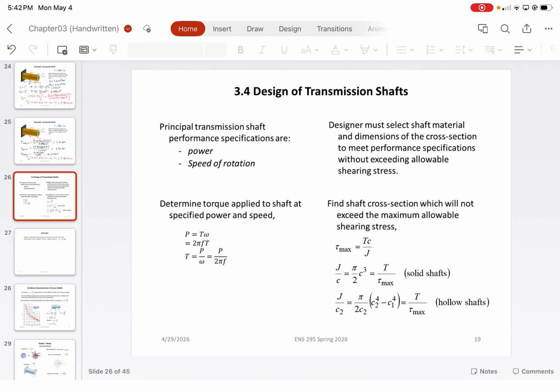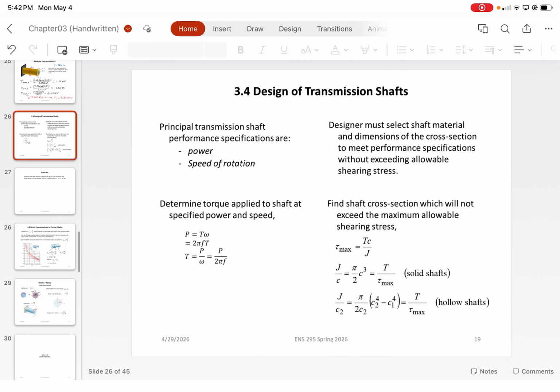Now, based on that, you as a designer would obviously be in charge of selecting material and dimensional properties, and of course the cross-sectional properties needed to handle the shear stresses imposed on it. So, when we are trying to find a maximum allowable cross-section, and you're given a specific power output, then you can figure out everything just knowing the power of a particular engine.